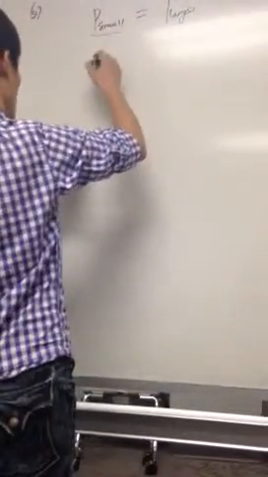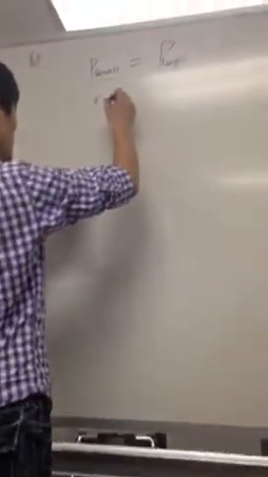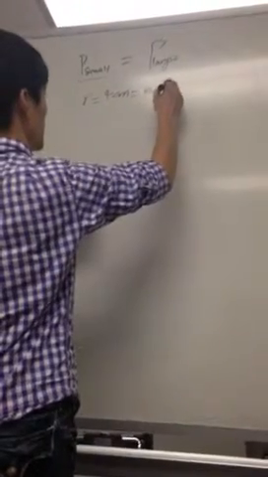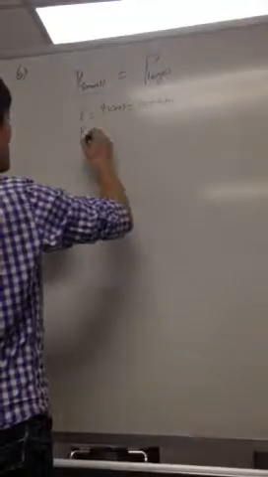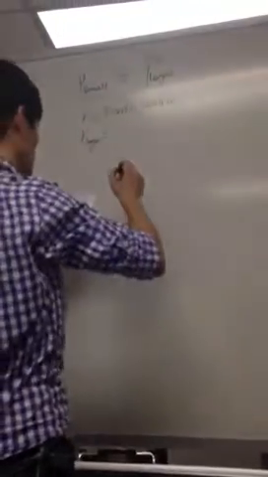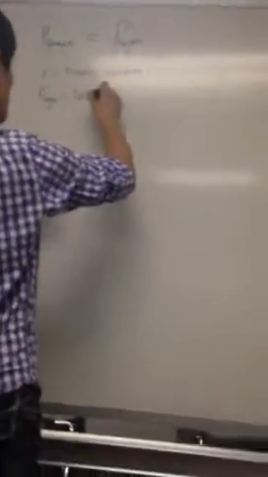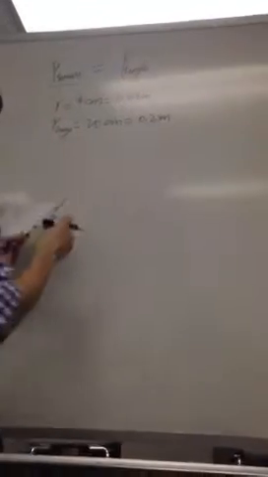And we know here the diameter is 8 centimeters, so the radius is 4 centimeters, which is 0.04 meter. And the large side is 20 centimeters, which is 0.2 meter. Okay.